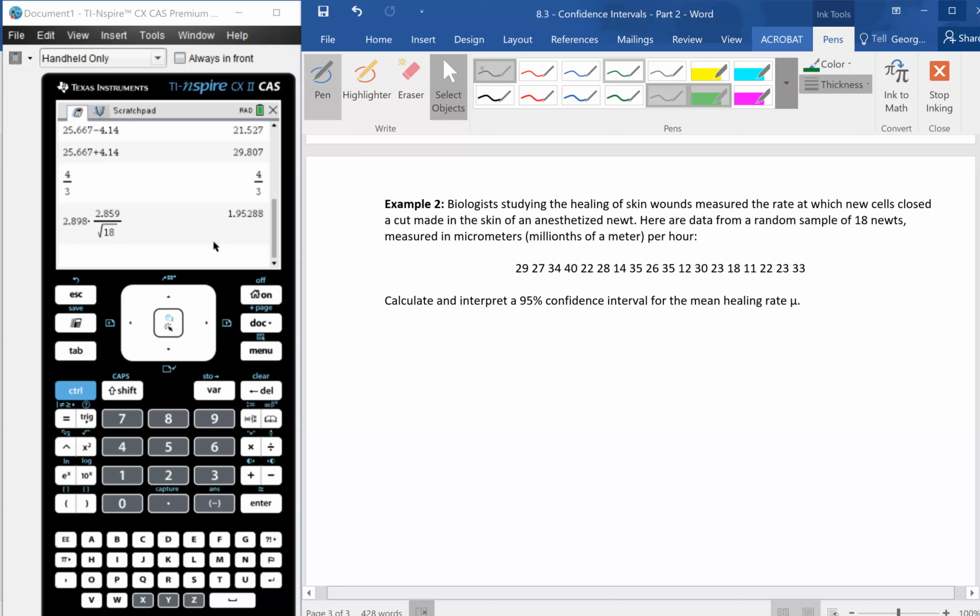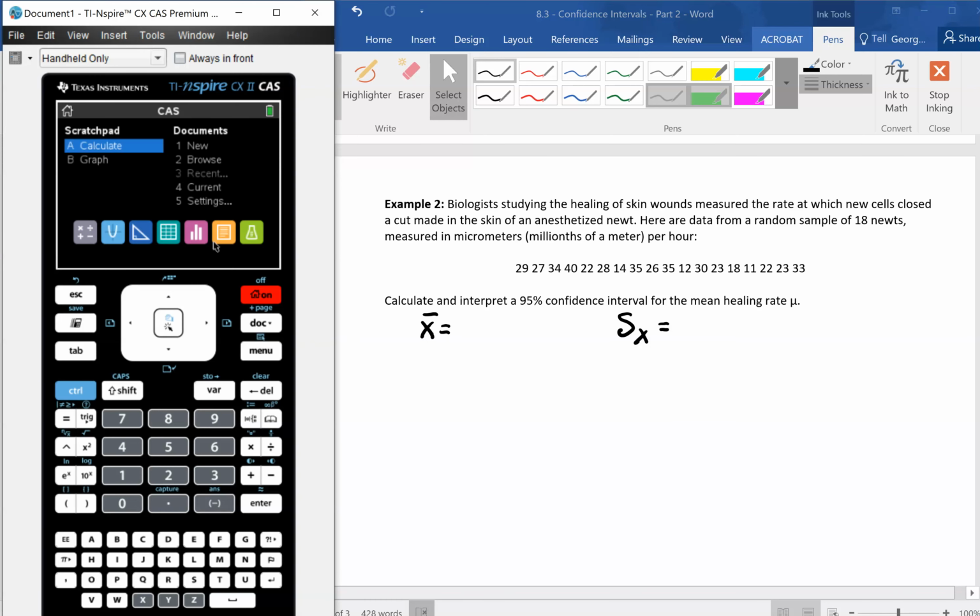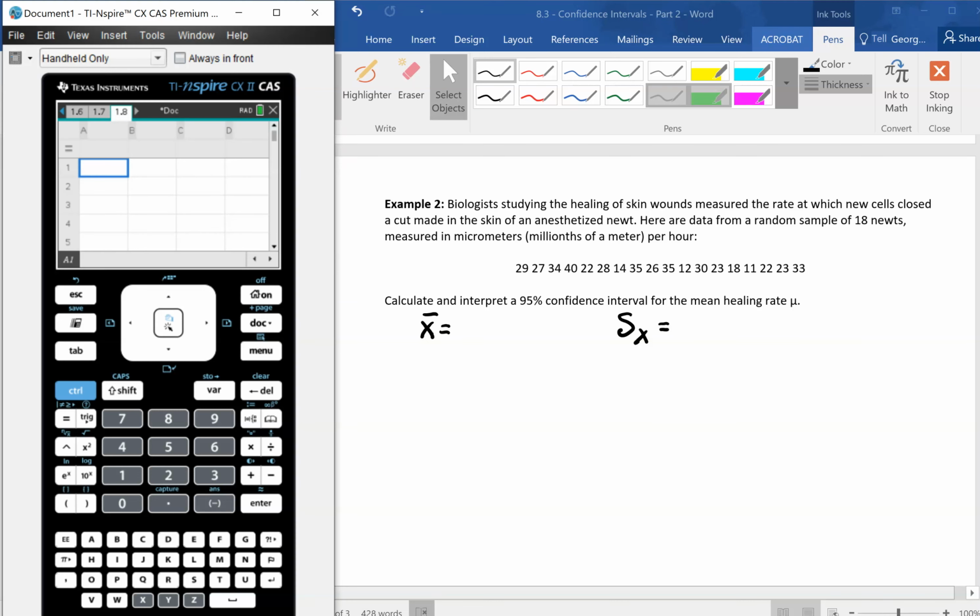Same deal as before. First thing we need to do is find our x-bar and our standard deviation. Following those same calculator steps from the front page, we're going to go to a spreadsheet, and we're going to name it. I'm going to call this one growth. You can call it whatever you want, as long as it's not rude.